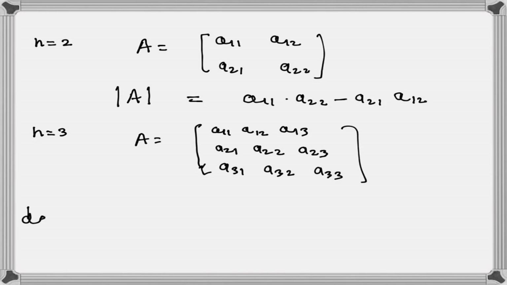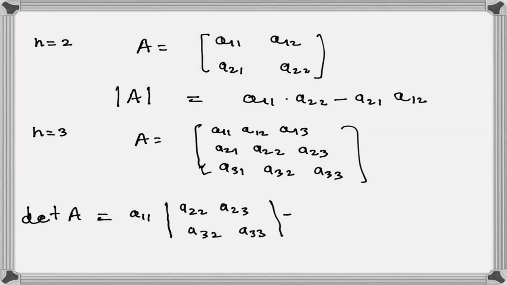So for the determinant of A, I will use both notations, either A with two parallel lines or just det A. It is defined as follows: you take the first row and the first element A11, then we get the submatrix by deleting the first row and first column, and calculate its determinant: A22, A23, A32, A33.